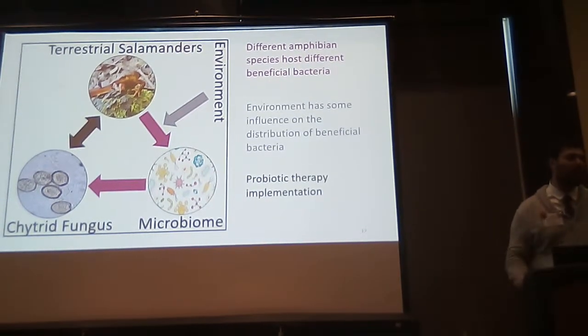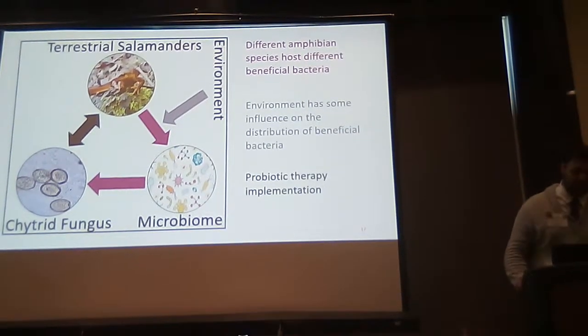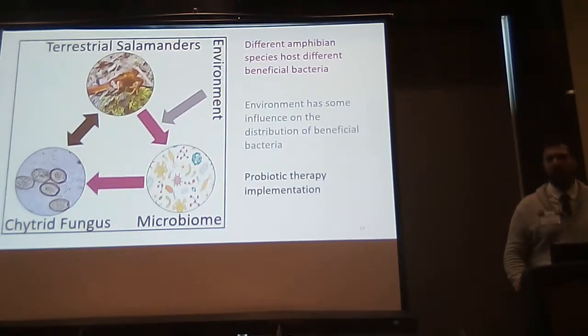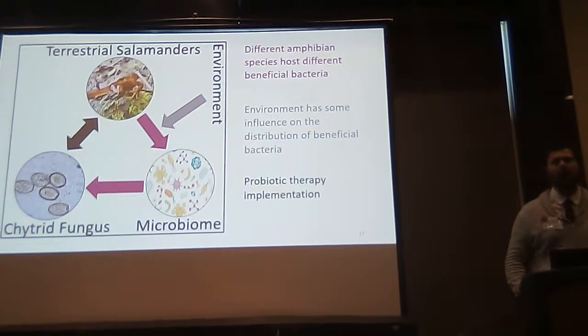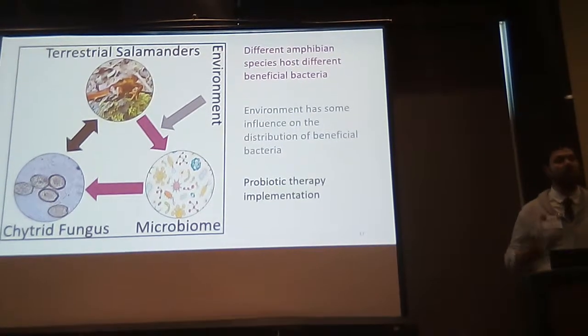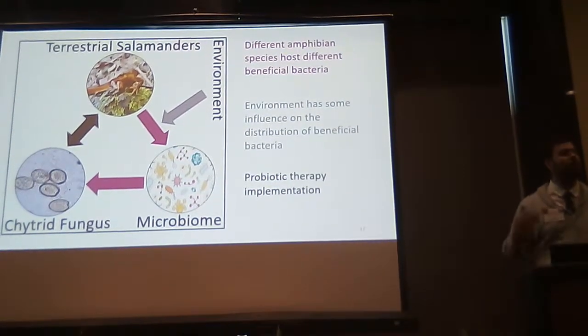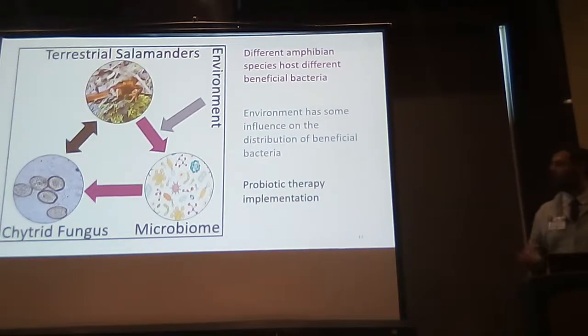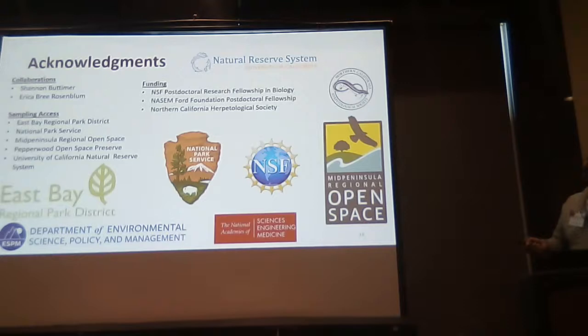Essentially what these results are telling us is that we might have to take a more individualized approach to how we treat these individuals. So not one probiotic fits them all, but maybe think more about what bacteria could survive on a specific host.